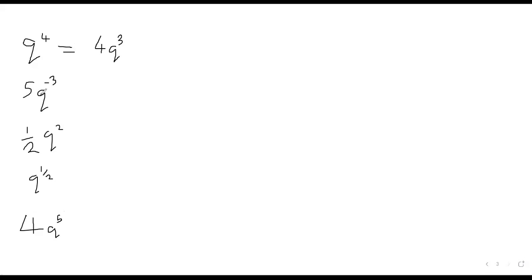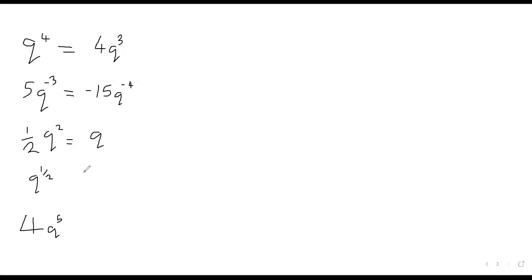Yes. How about 5Q^-3? What do we get? Minus 15Q^-4. How about half Q^2? What do we get? Simply Q, because half times 2 is 1. We never write it. 2 minus 1 is 1.